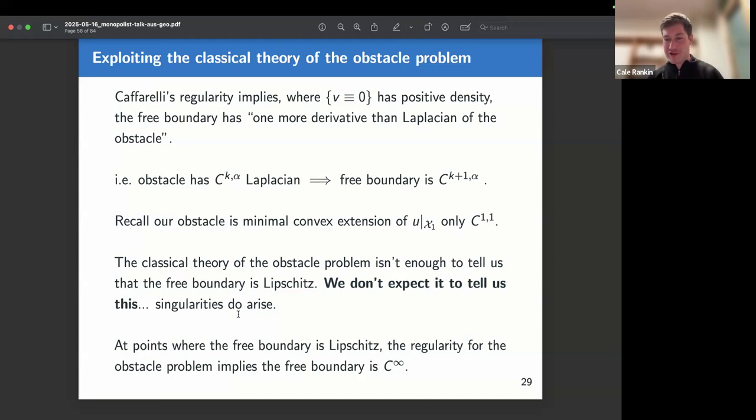So something would be wrong if we could just apply the classical regularity. But we can say that if our free boundary is Lipschitz, then the classical regularity theory for the obstacle allows us to bootstrap to that to C infinity.